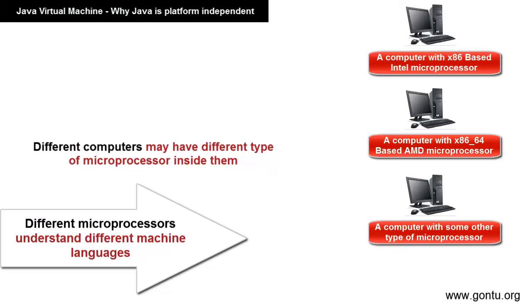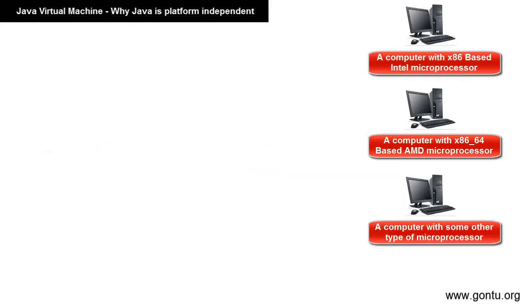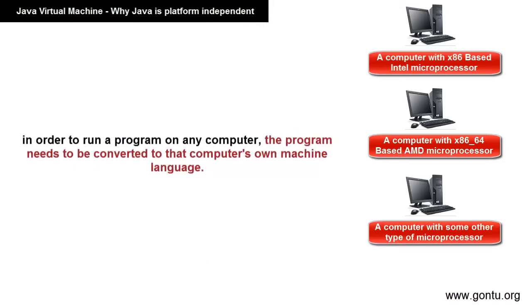And so is the case with microprocessors. Different types of microprocessors developed by different companies understand and communicate in different machine languages. So the cut short statement is, in order to run a program written using any language on any particular computer, the program needs to be converted to that computer's machine language.